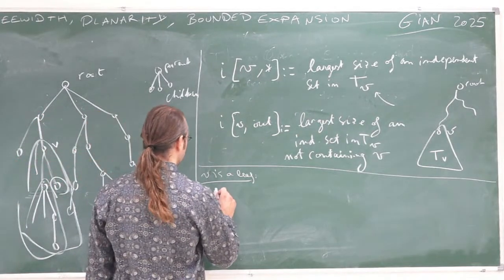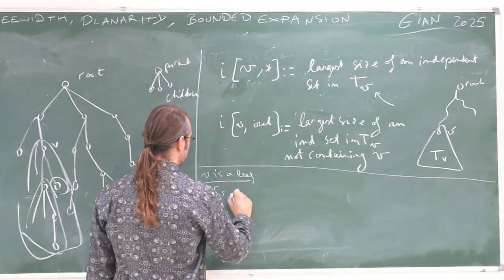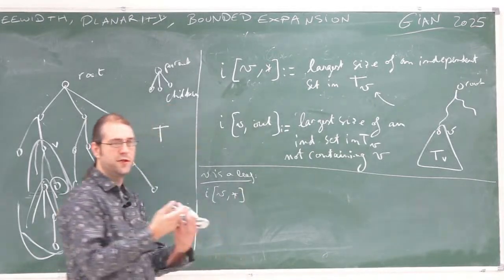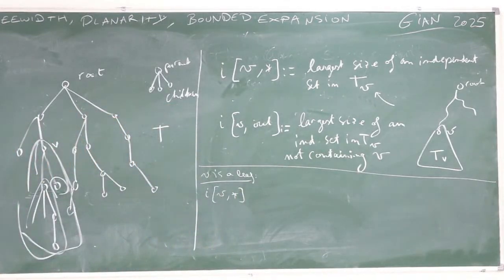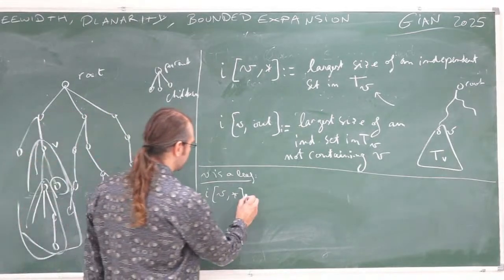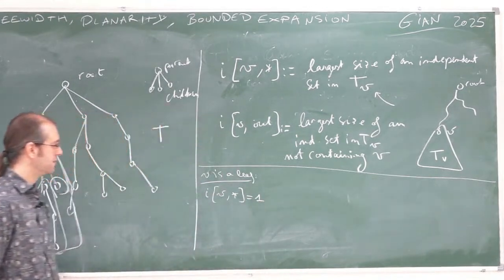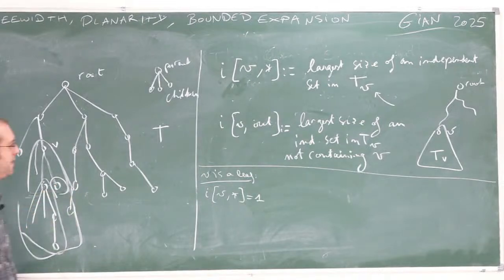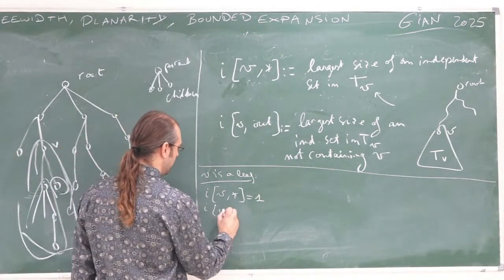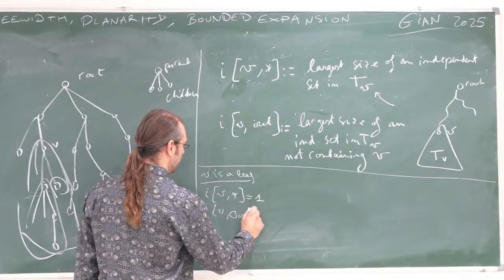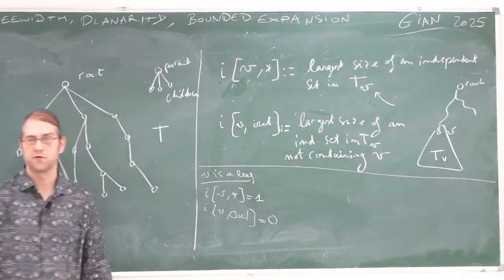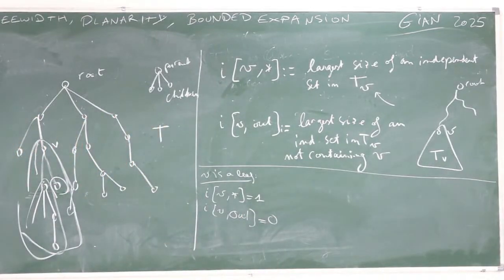Then I know that the optimal independent set, so the subtree rooted at that leaf is just a single vertex, just V. So if I don't care, I can just take V. So that number is 1. And otherwise it is 0. Because I'm forced to not take V, so of course in a single graph if I cannot take it, what can I do? It is 0.